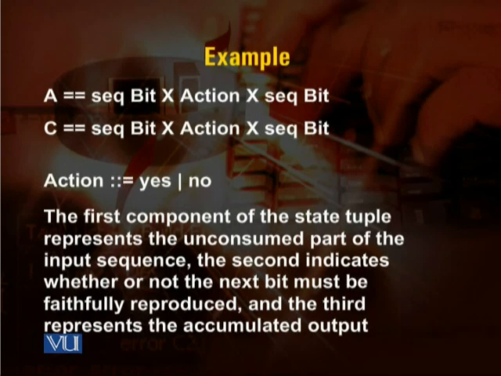Like I mentioned a little bit ago, we are kind of continuing with the same example that we used in the last lecture. So here what we are saying is we have the input string of bits, and this action tells us whether the current bit that we are processing must be faithfully copied or not.